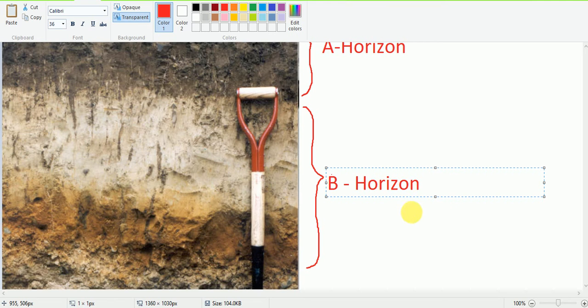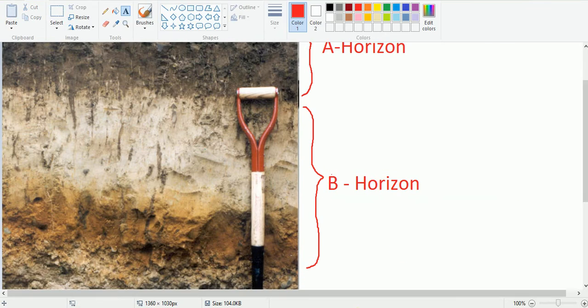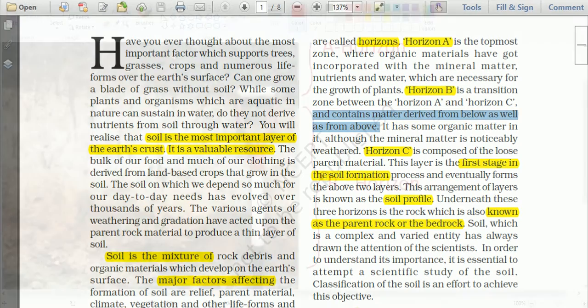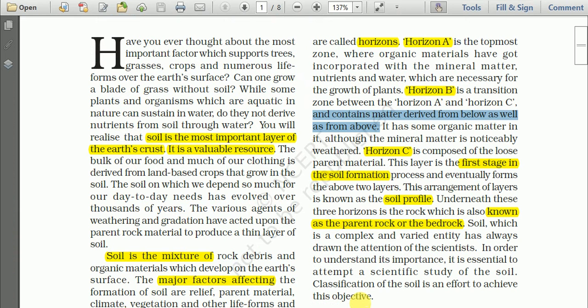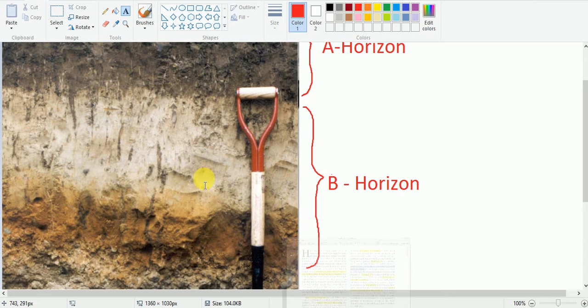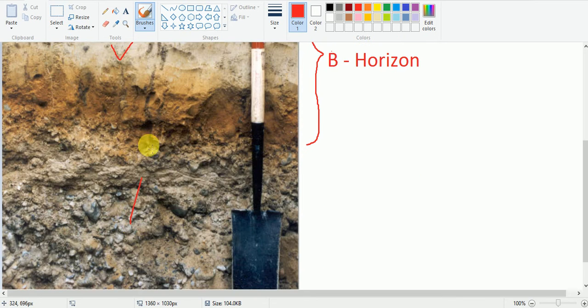B horizon. As mentioned in the book, B horizon contains matter derived from below as well as from above. So in this layer, some of the materials are derived from above and some of the materials are derived from below.